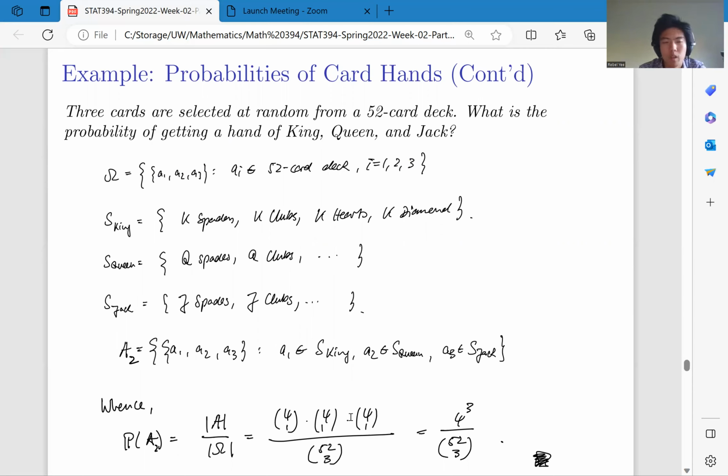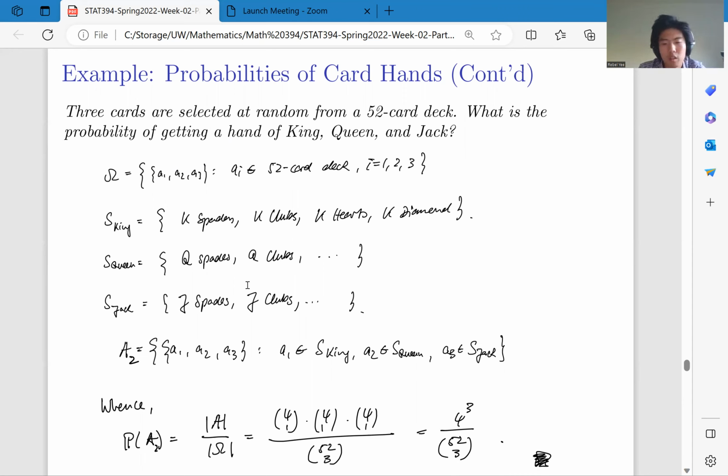It's 52 choose 3. However, the event is not a simple event. It doesn't consist of one case. It has several possibilities. For example, for king, we have king spade, king club, king hearts, and king diamond, and all of the 3 have 4 cases.